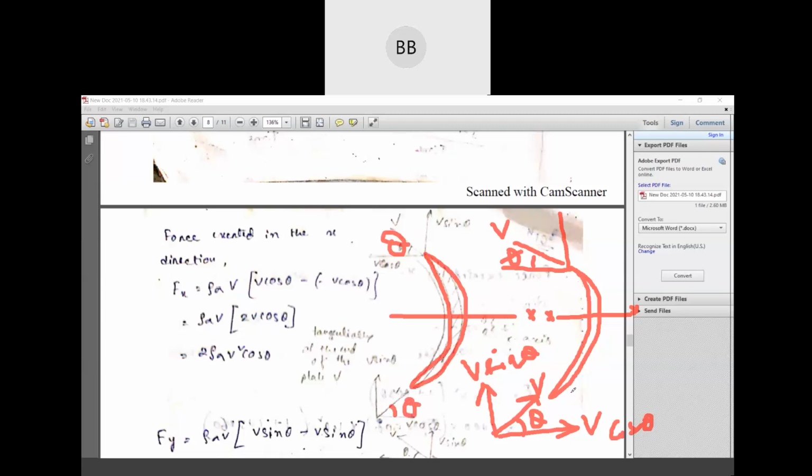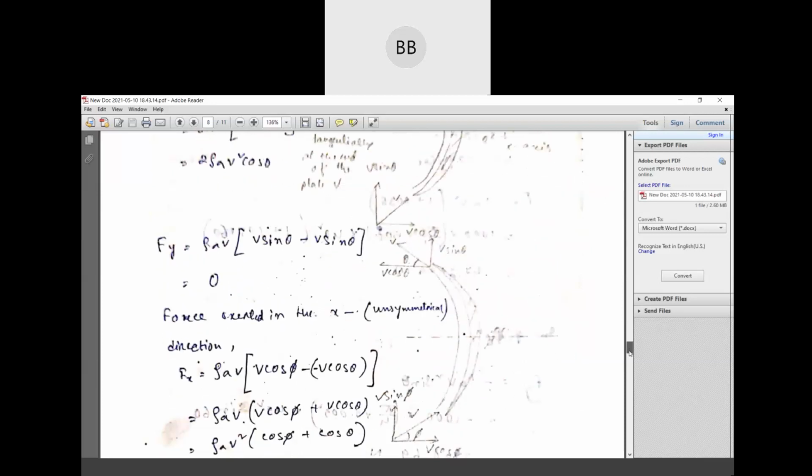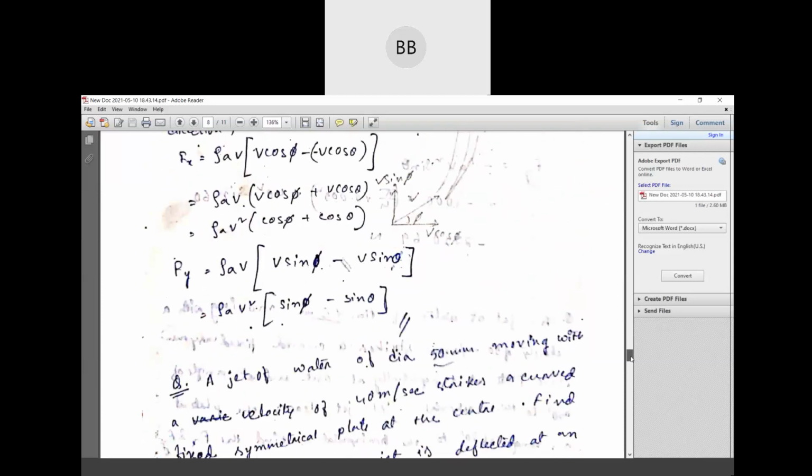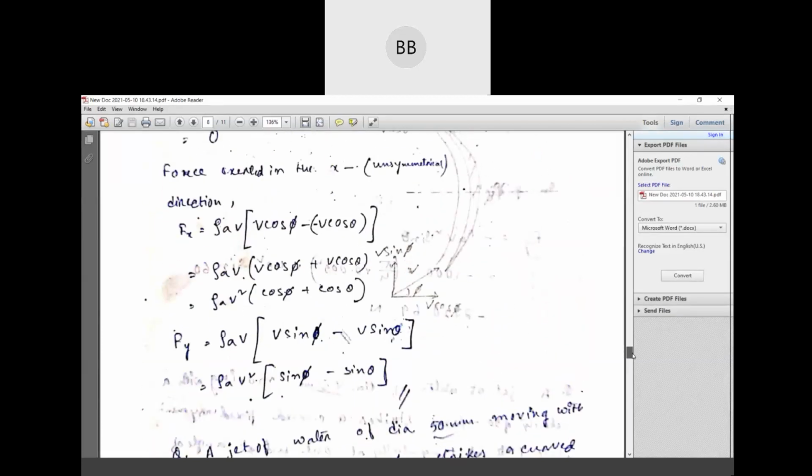If it is unsymmetric, then one angle is theta, another angle is phi. That is the only difference. Other things are the same. Then we solve some numericals, then it will be clear to you.